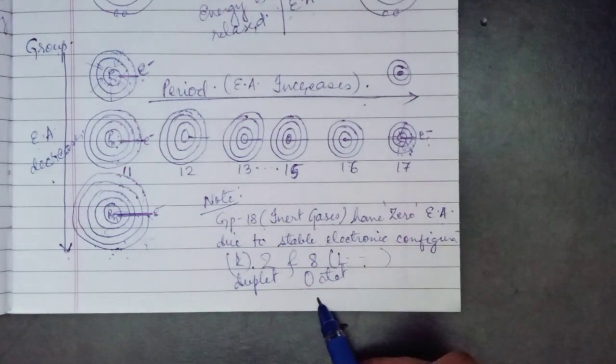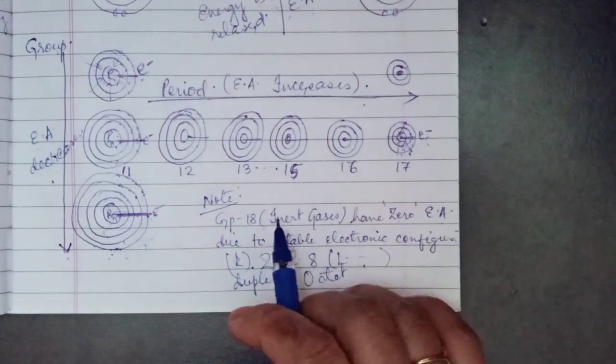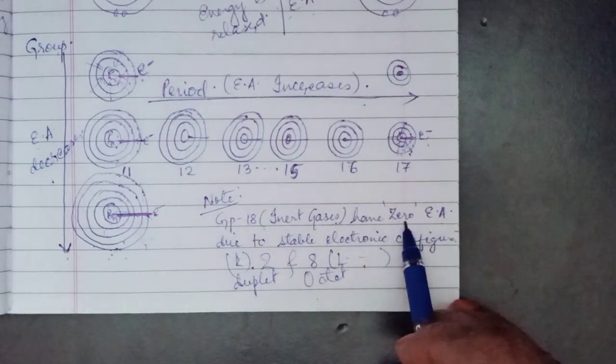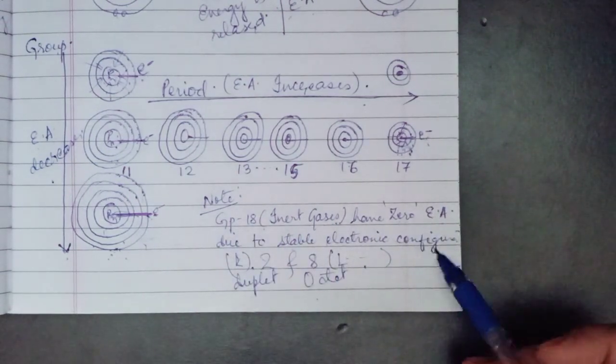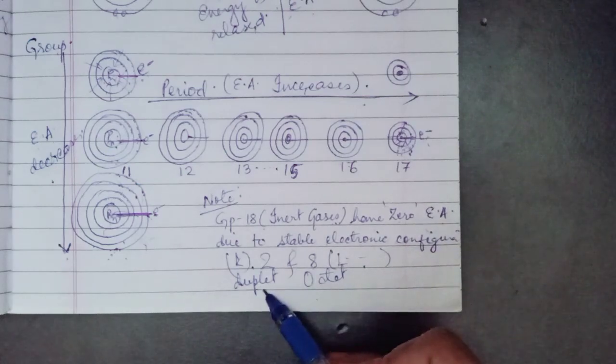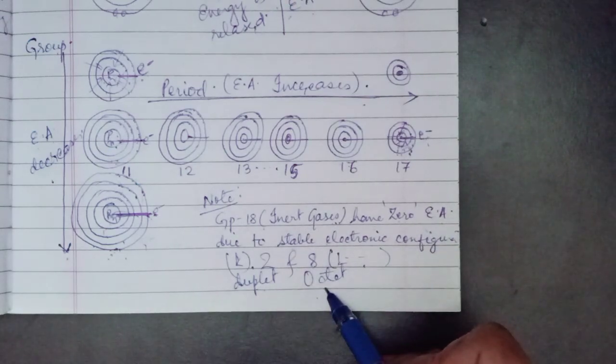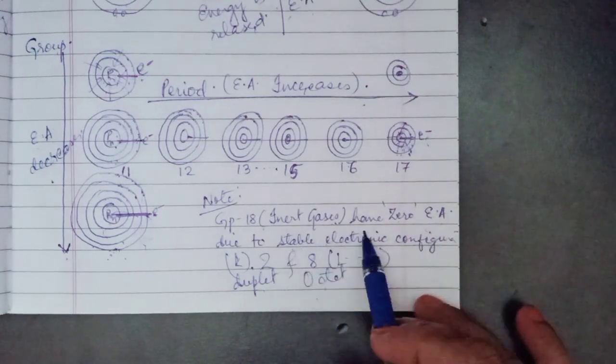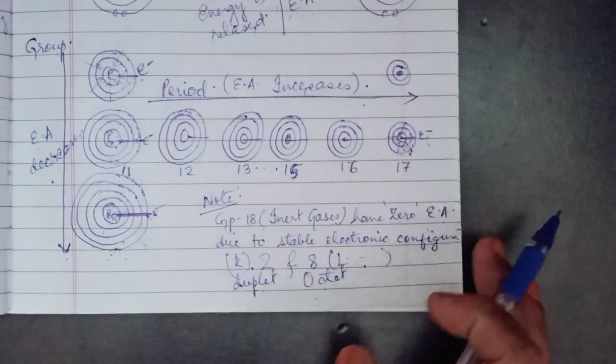So here in the case of inert gases, the tendency to add an electron will be 0 because they already have a duplet or octet. So we cannot add more electrons because there will be repulsion between them, and the electron affinity will be 0.